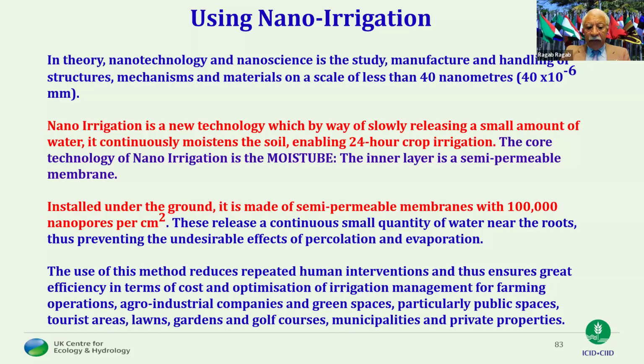The use of this method reduces repeated human interventions and ensures great efficiency in terms of cost and optimization of irrigation management for farming operations, agro-industrial companies, and green spaces, particularly public spaces, tourist areas, lawn gardens, and golf courses, municipalities, and private properties.